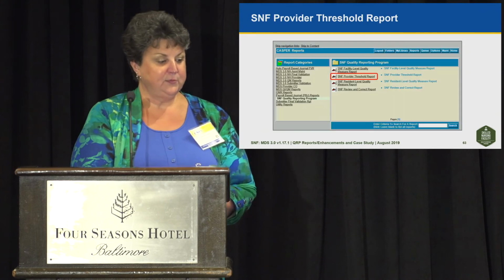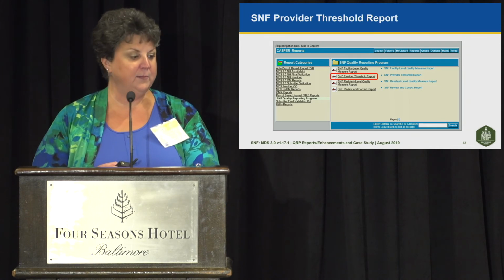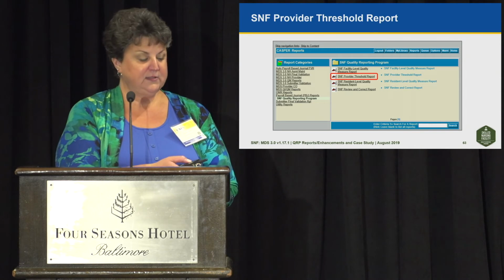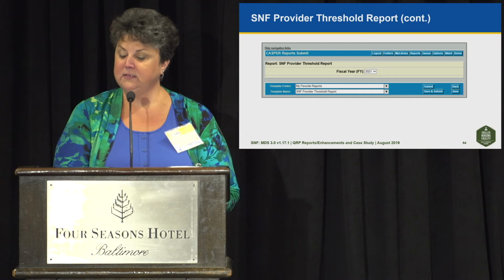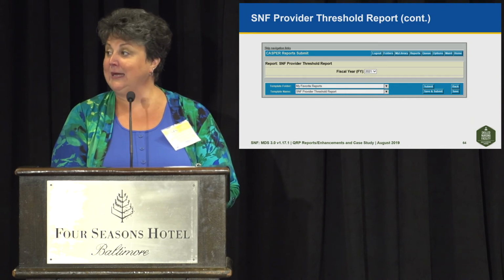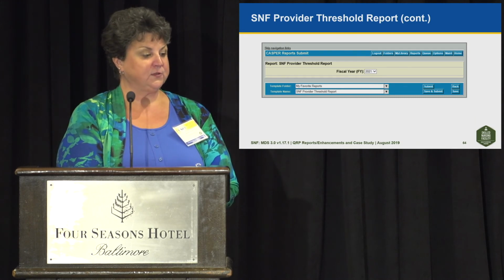To access this report, again, you select it from the list on the right-hand frame of the SNF QRP reports. And then you select your desired fiscal year. The drop-down list contains the current APU fiscal year for which measured data collection has begun and one prior APU fiscal year.